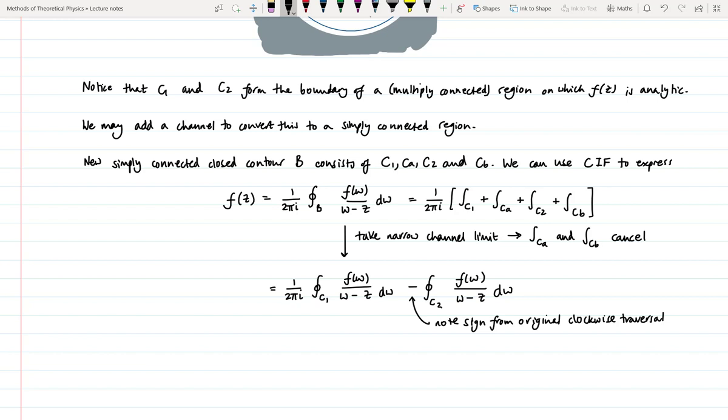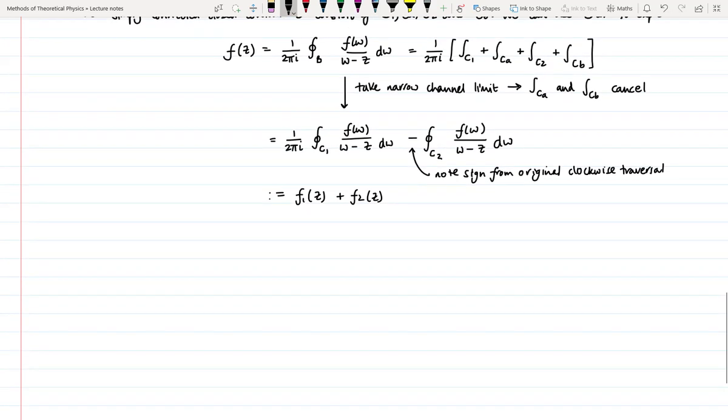Right, I'm going to define these two terms as f1 of z plus f2 of z, where f2 contains the minus sign. And we're now going to investigate both of these contributions to our function f of z separately. First of all, let's look at f1 of z.